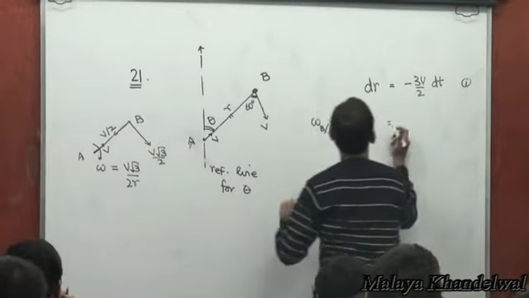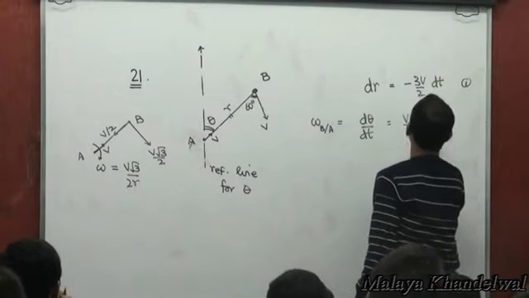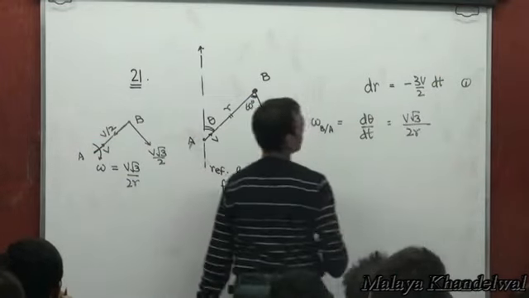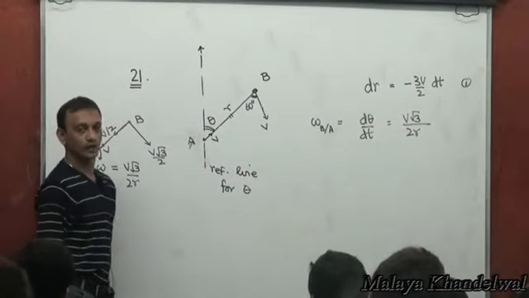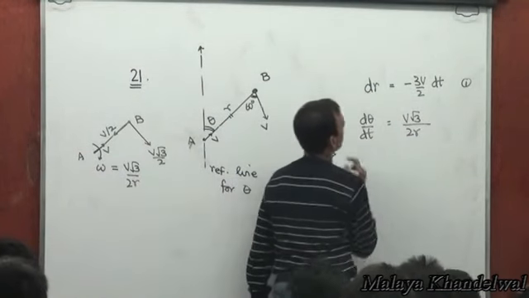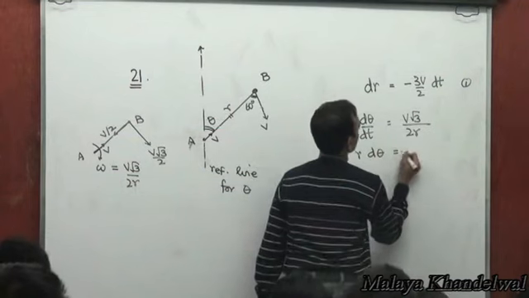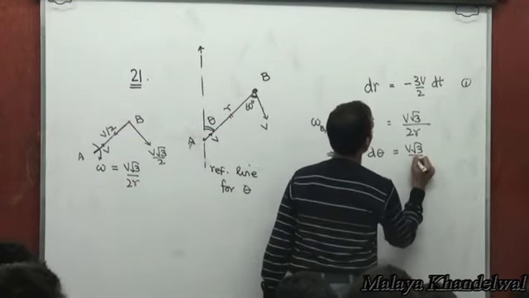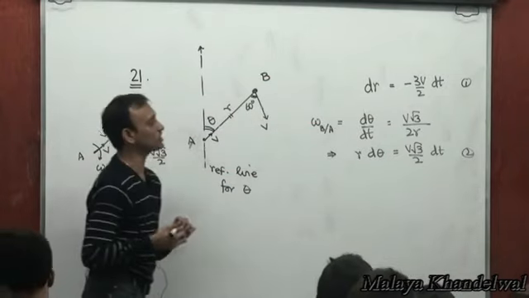So d theta dt is actually V root 3 by 2r. Clear? So we have r d theta as V root 3 by 2 dt.